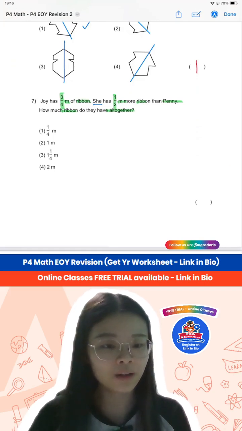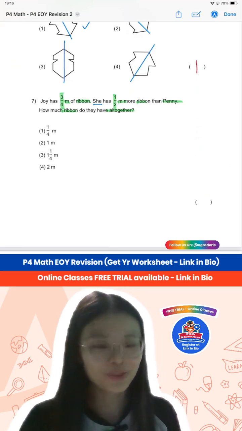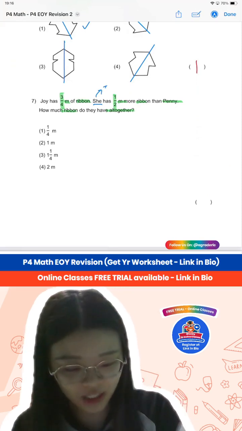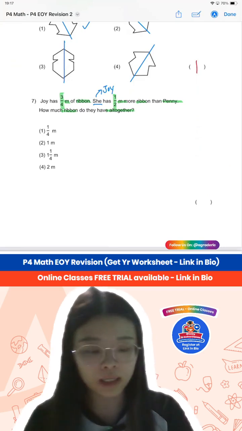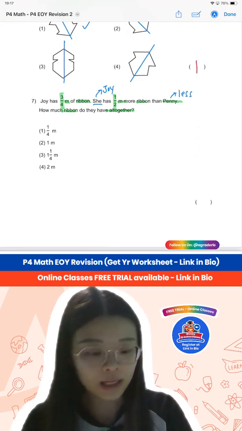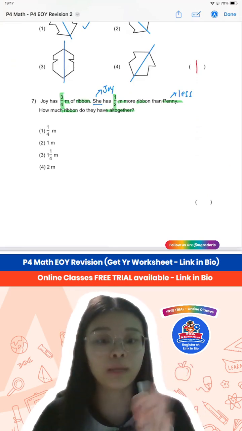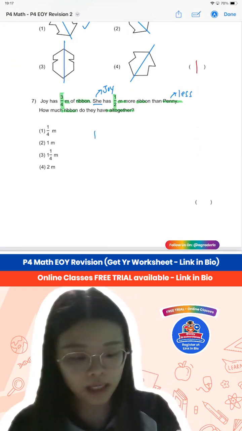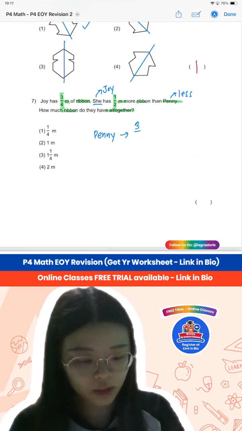Apin, are you sure it's Penny? No, it's Joy. Yes, this she refers to Joy. So Joy has half meter more ribbon than Penny. This means Penny should have less. So maybe those who got option 3 made Penny to be more. Penny has less. We need to find Penny. Since she has less, we take 3/4 meter, subtract half meter.